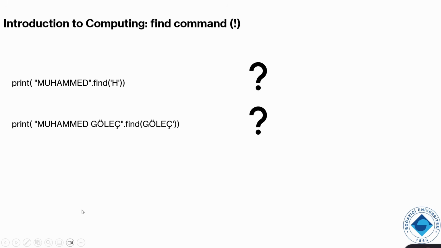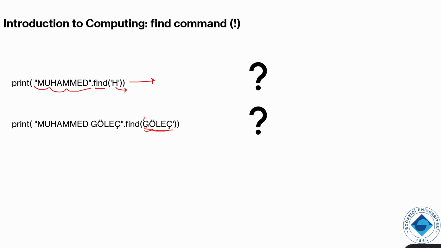And also we have the find method in strings. If I write a string here and dot find and put one element, character or letter, it's going to return its index number. And if I put more than one character here, it's going to return the first index number of this sentence or letters.